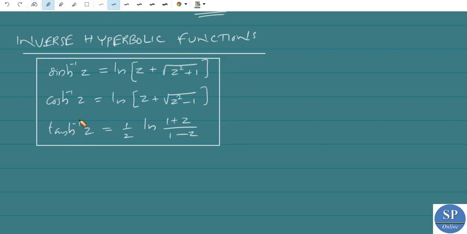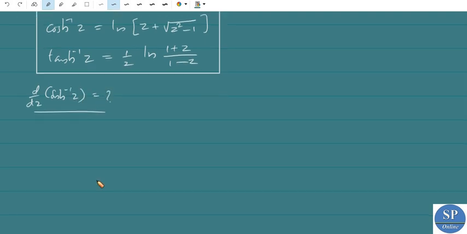Now, what about the derivatives of these inverse hyperbolic functions? First of all, d by dz of sinh inverse of z is equal to what? Okay. To find the derivative of sinh inverse of z, let w equal to sinh inverse of z. From this we have z is equal to sinh w.